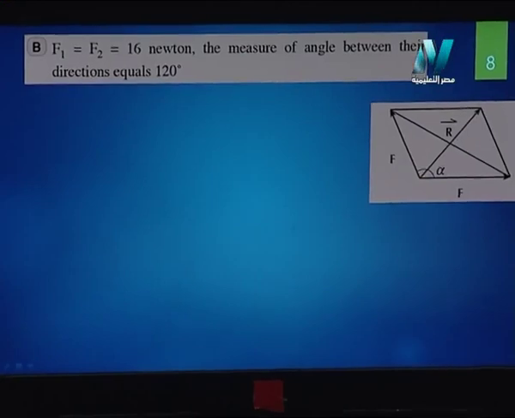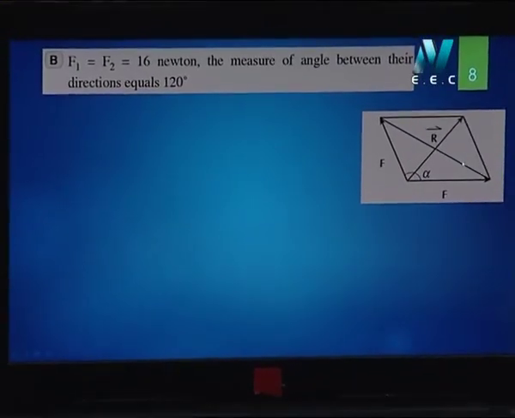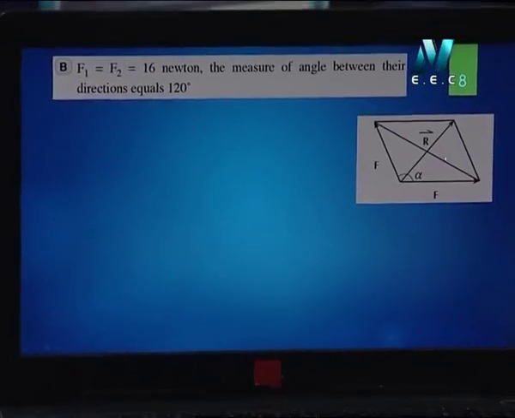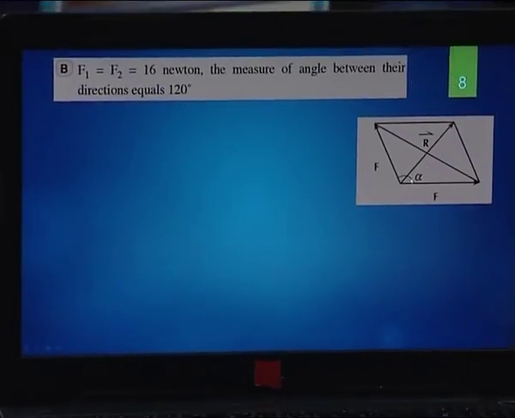This figure will convert from a parallelogram to what? To a rhombus. Why? Because this side will be equal to this side, so all sides will be equal. So it is a rhombus now, and this angle alpha will be divided into two equal angles, alpha over 2 and alpha over 2.